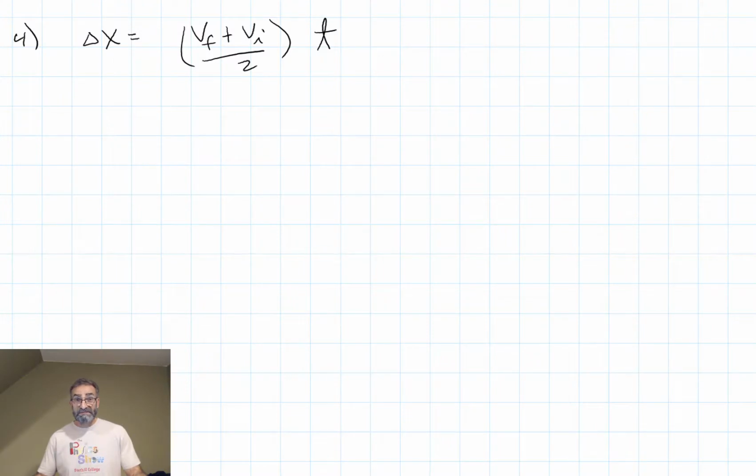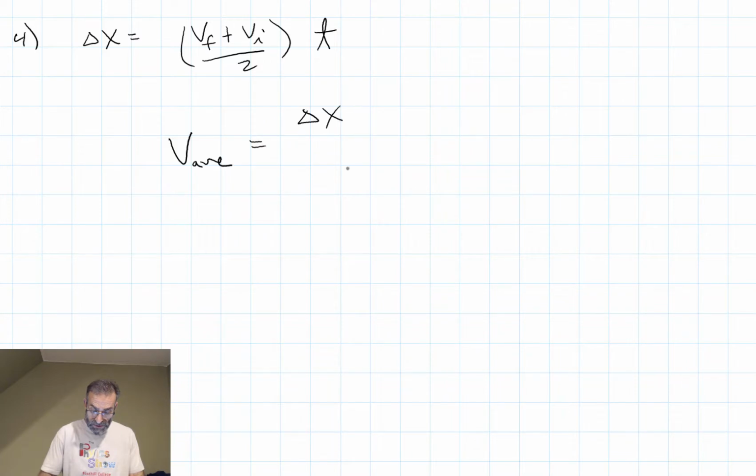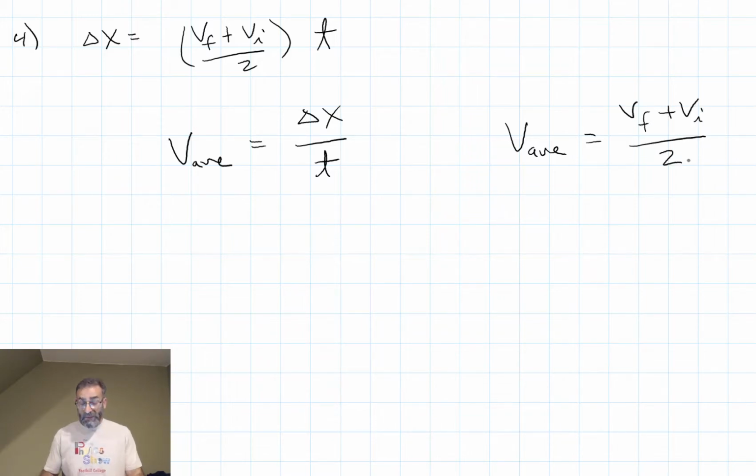Equation 4 is perhaps the easiest one. We're going to use the fact that the average velocity is just displacement over time. And we also know that the average velocity is going to be v final plus v initial over 2. We're averaging v final and v initial to get the average velocity.